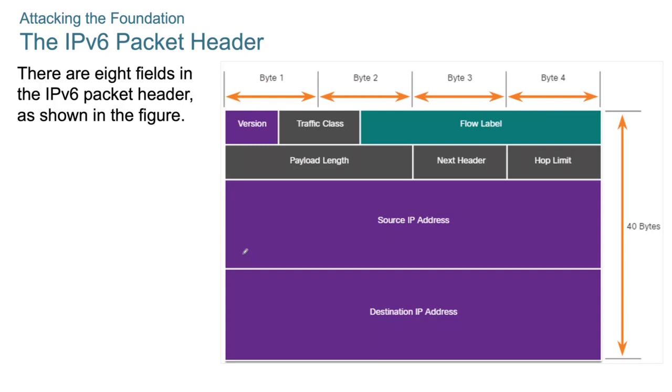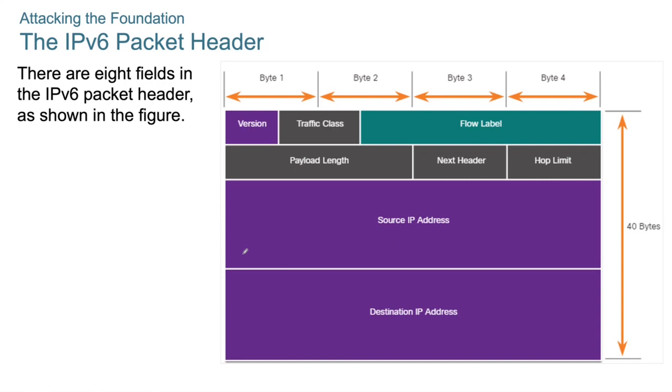The extension headers are placed between your IPv6 header and the payload. So this is the header field of your IPv6.